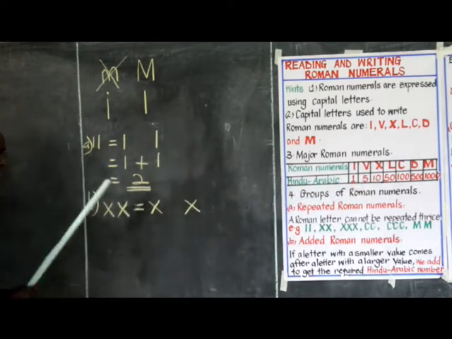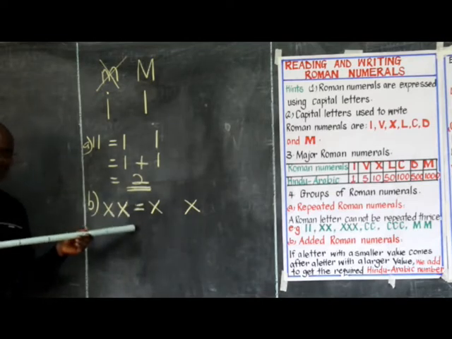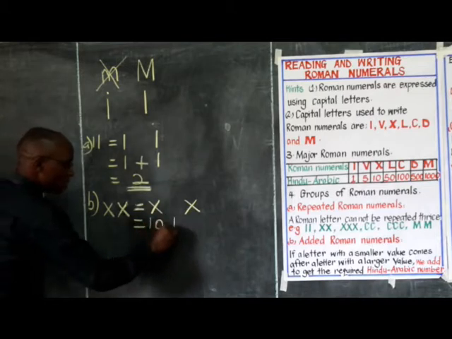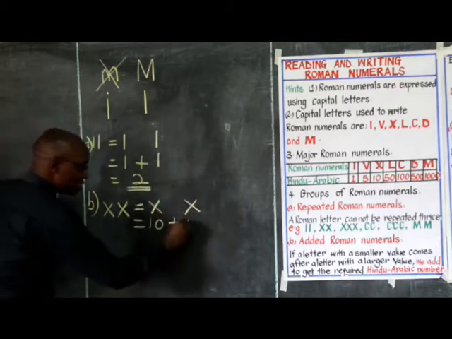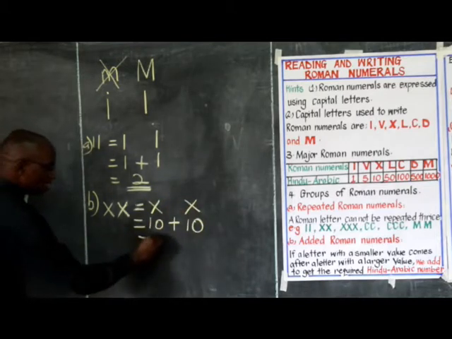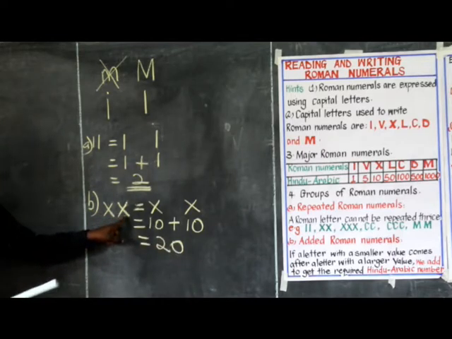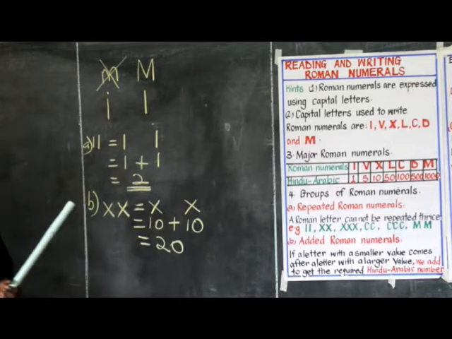So XX is X, which is 10, plus another X, which is 10. You end up getting 20. XX is 20. Those are repeated Roman numerals.